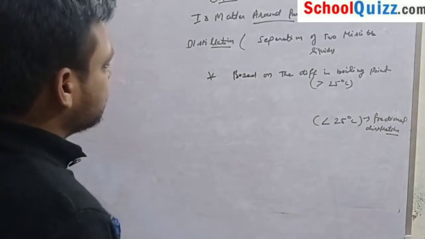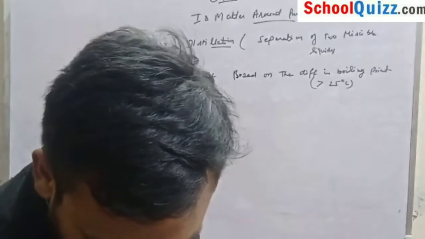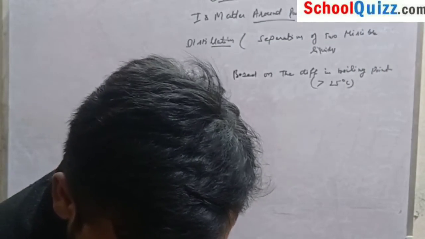So first of all, we will start with distillation based on a difference in the boiling point greater than 25 degree Celsius.